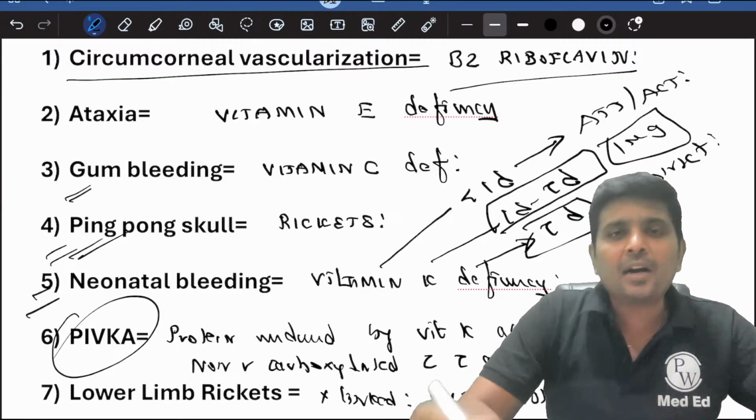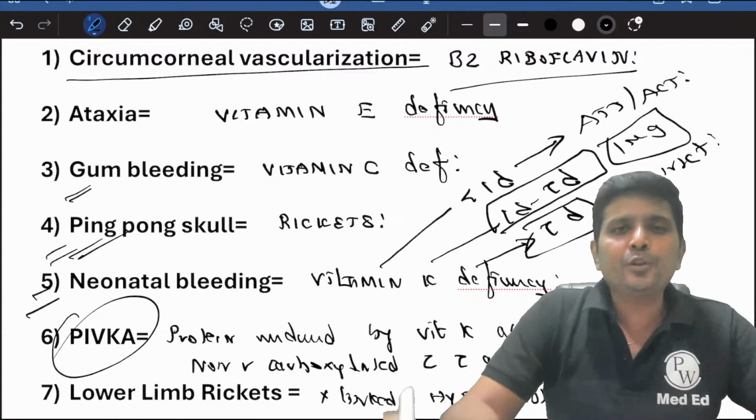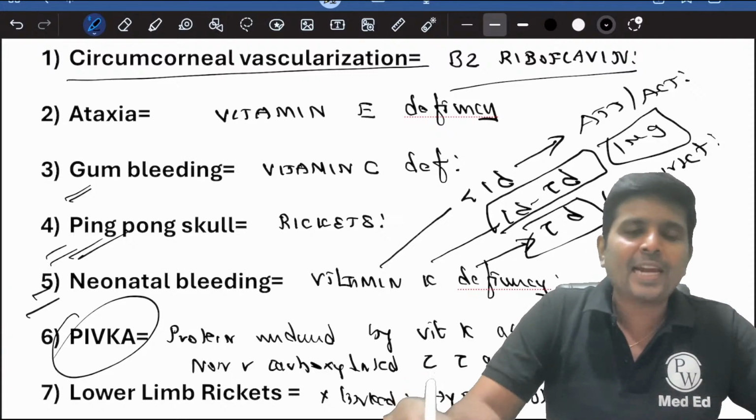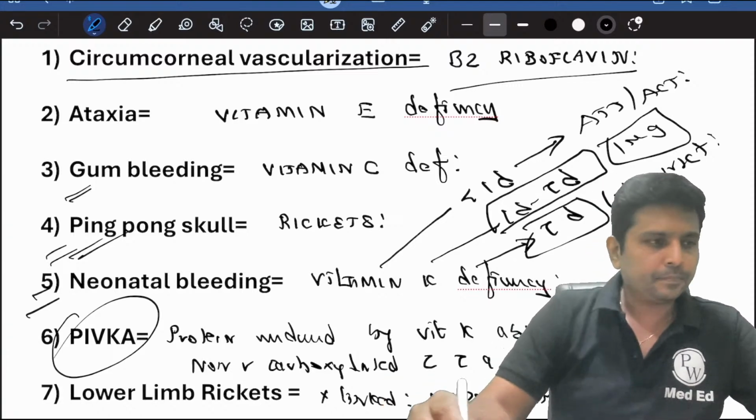This non-gamma carboxylated 2, 7, 9, 10 is called PIVKA, that is protein induced in vitamin K absence. This is particularly useful to diagnose vitamin K deficiency when a child has received FFP, which normalizes your prothrombin time and partial thromboplastin time.